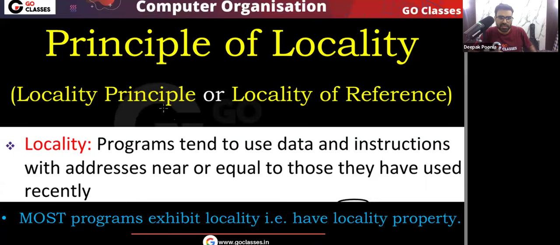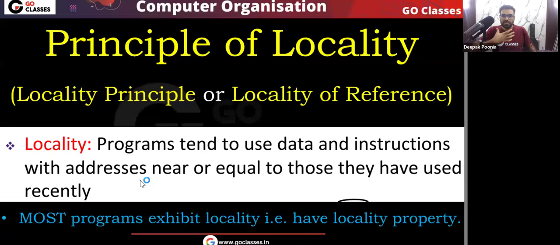So you can read this: the majority of the programs tend to use data or instructions with addresses near or equal to those they have used recently. Very simple, this locality property basically says that most programs access data and instructions with addresses near or equal to those they have accessed recently.